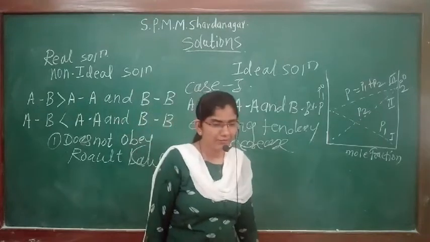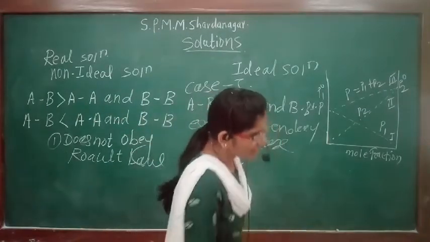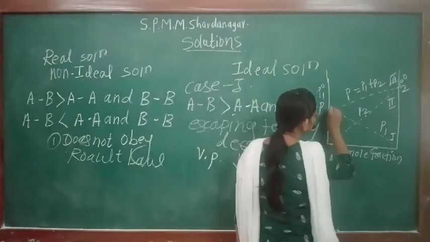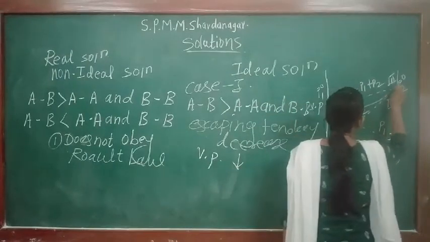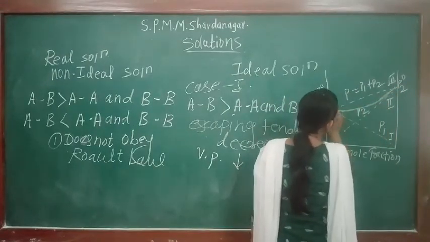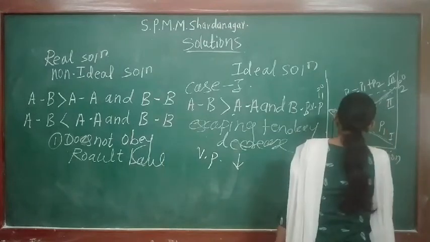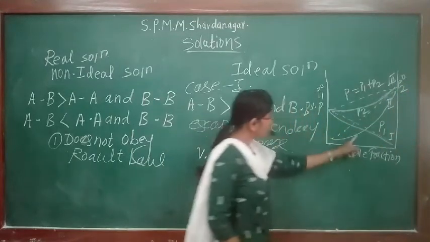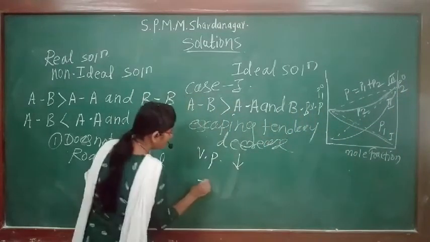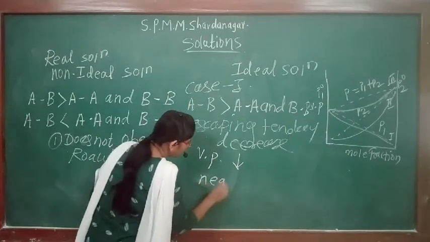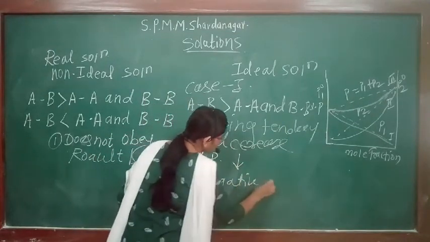If the vapor pressure decreases, that means this is the ideal curve and this shows the negative deviation.